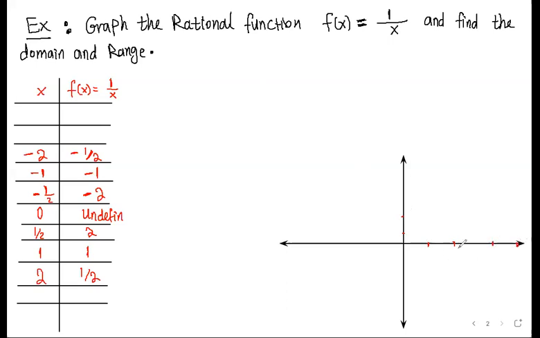So here 1/2, 1, 2, and around here 3. At 1/2 they give me 2, around here. At 1 they give me 1. At 2 they give me half, around here. At 3, when I plug in the 3, they give me 1/3, a number close to the 0, around here.